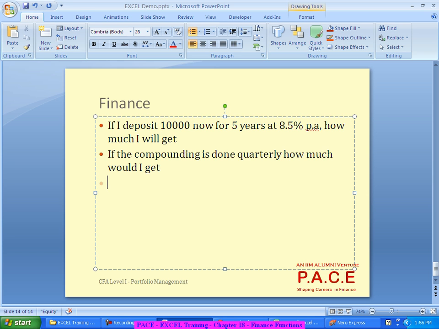And let's say if I borrow some 20 lakhs at 11% per annum for 20 years, what is my EMI?